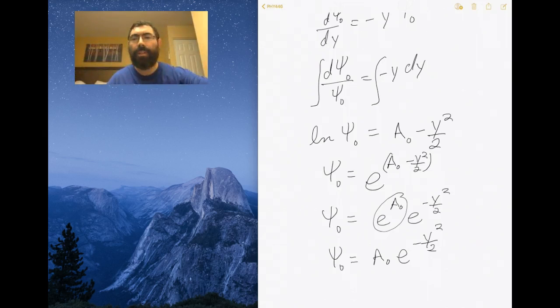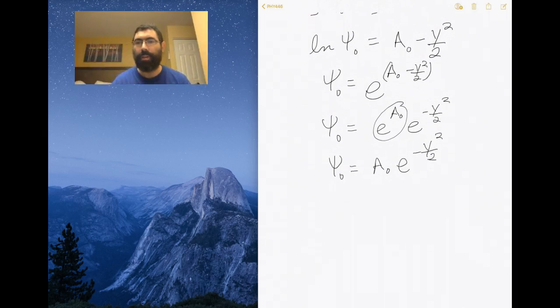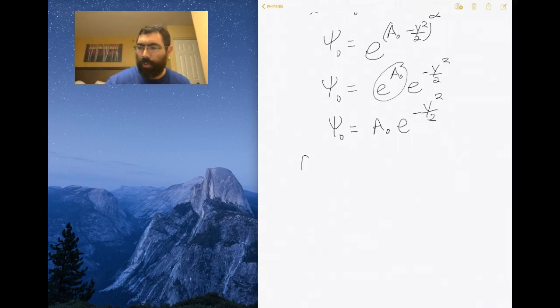This is what we had when we first started with the Schrodinger approach. And so we can get the normalization.